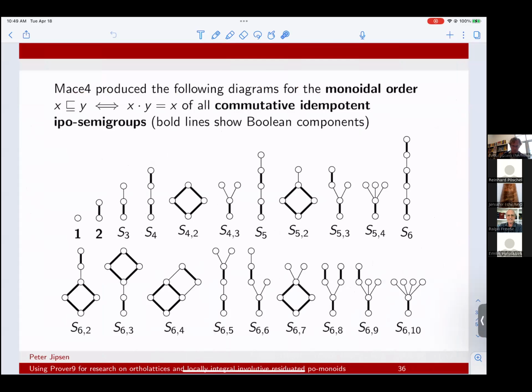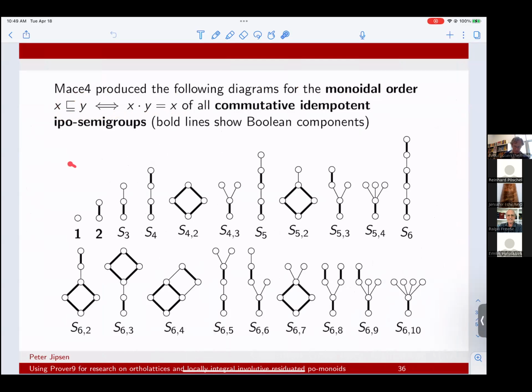But the diagrams that Mace produced for the monoidal order, this is the order that you get from the monoid operation, because you're assuming commutativity and idempotence. You also have associativity because it's a monoid. So this is really a semi-lattice.